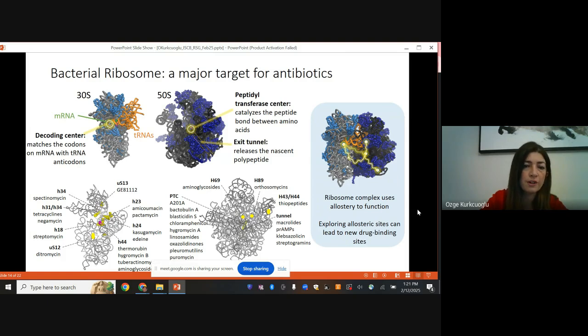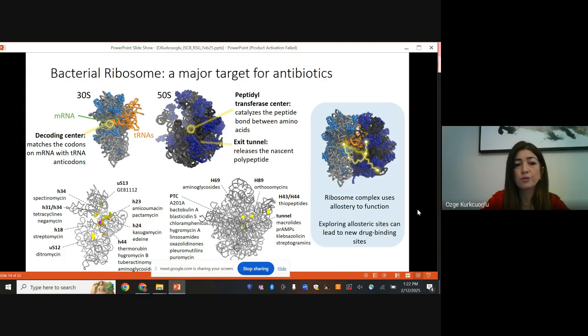So the bacterial ribosome is a great example for that. And there are many antibiotic targets in bacteria, but a large number of these are targeting this 2.5 megadalton machinery, the ribosome. And the ribosome produces proteins according to the genetic code.